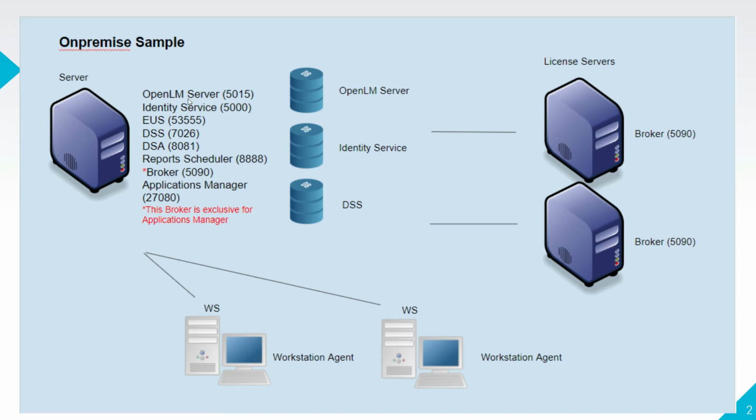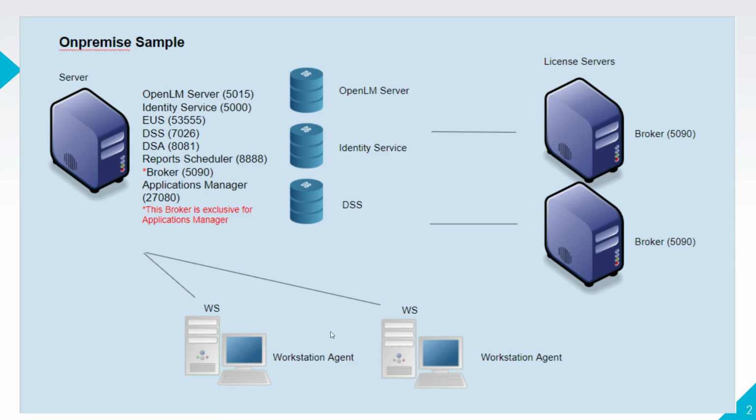OpenLM Server is the main software. If you install the broker component, it will read the license output and log from the license manager and send the data to the OpenLM server.